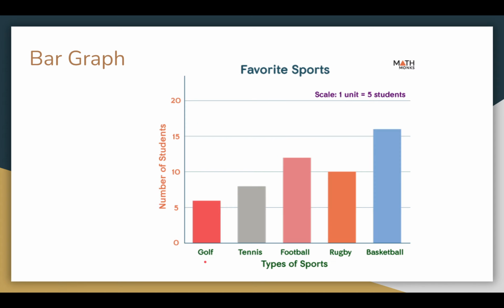If you notice here, the horizontal axis is not numerical. These are categorical: favorite sports such as golf, tennis, football, rugby, basketball. Also notice there are gaps here, but that doesn't mean there are gaps in data. That's just a characteristic of a bar graph.